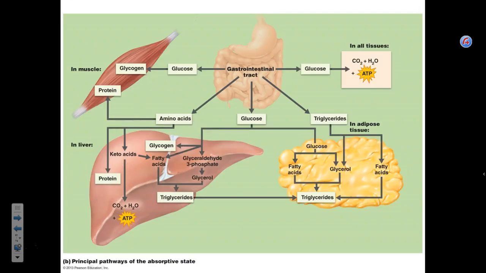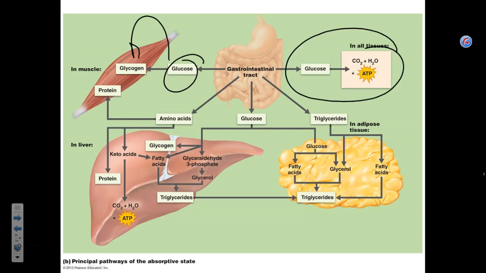This is sort of the same schematic, okay? So glucose: glycogen, or ATP synthesis, or triglycerides. Remember we talked about how glucose can be used for triglyceride formation via lipogenesis from glyceraldehyde 3-phosphate and acetyl-CoA: glyceraldehyde 3-phosphate to glycerol, acetyl-CoA to fatty acids.